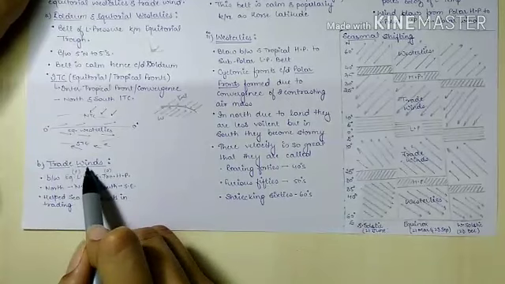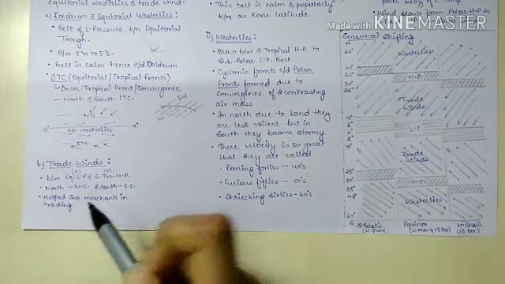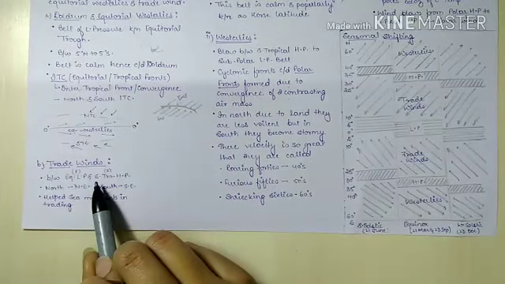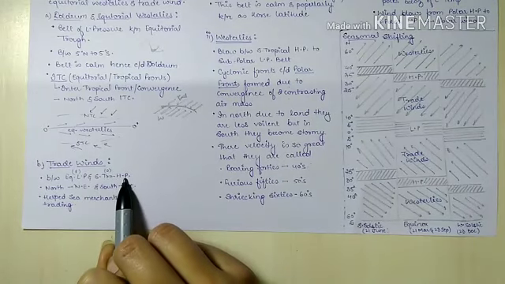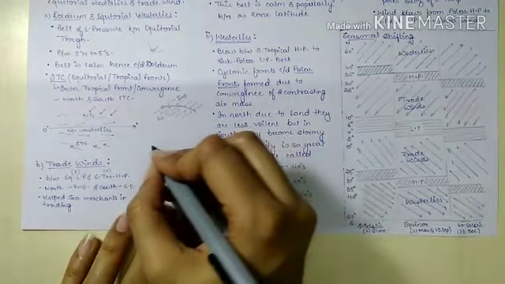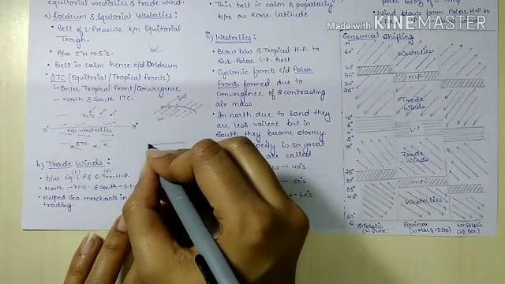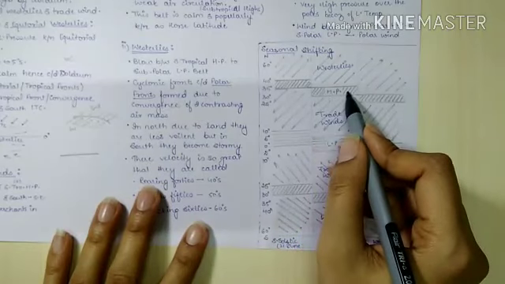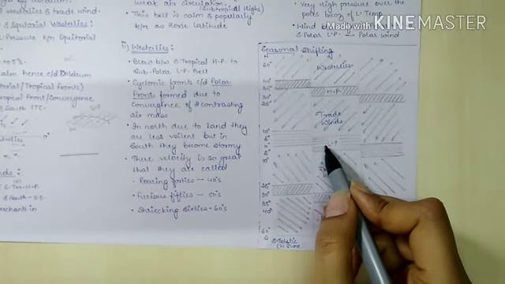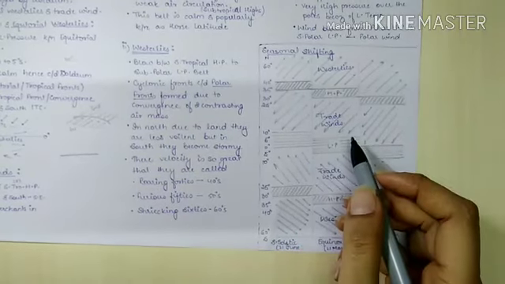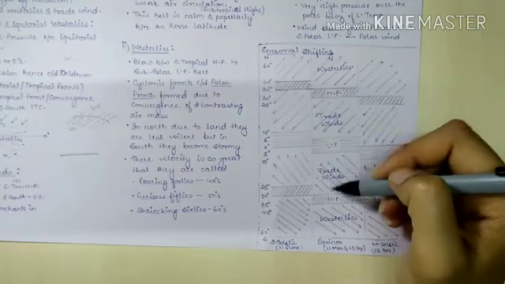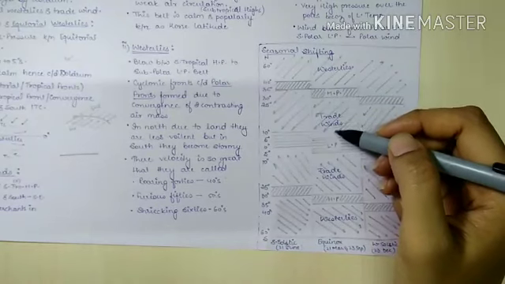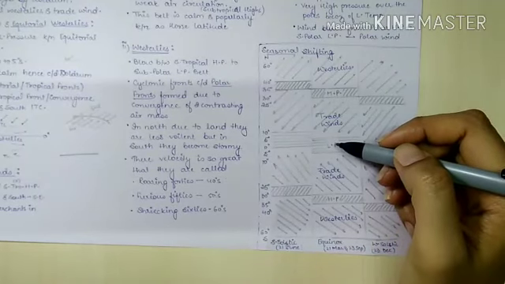Now we have trade winds. Trade winds are actually between the equatorial low pressure belt and the subtropical high pressure belt. So this is the subtropical high pressure belt, and this is the subtropical high pressure belt, and this is the equatorial low pressure belt. So the wind will move from high pressure belt to low pressure belt in both the areas, okay, in the southern hemisphere and in the northern hemisphere.